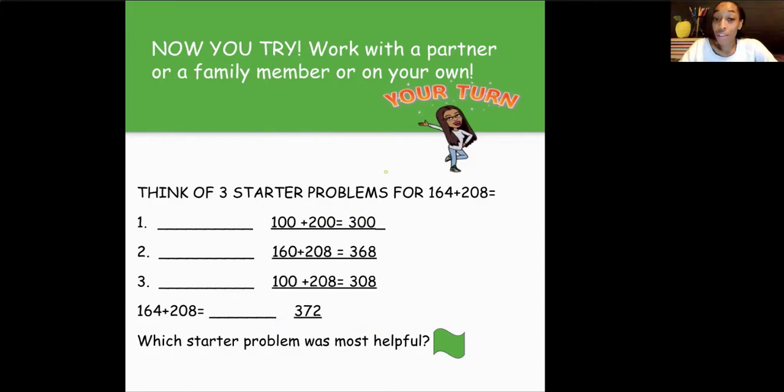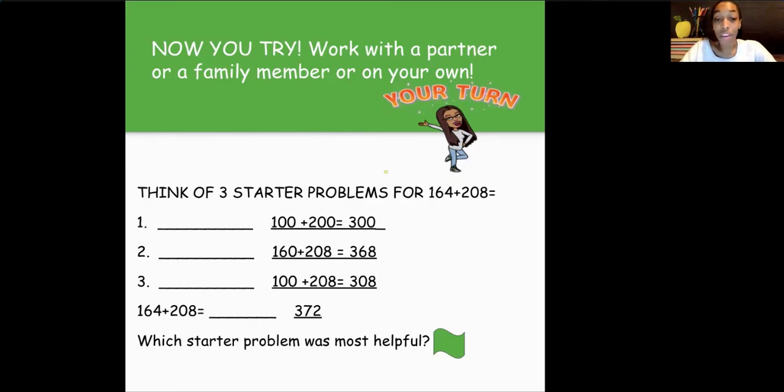You could have rounded to 100 plus 200, which equals 300. Rounding both add-ins would give you that. Another starter problem, you could have left one add-in alone and just rounded the other one to a 10. 160 plus 208 equals 368. So that tells you it might be around that number.